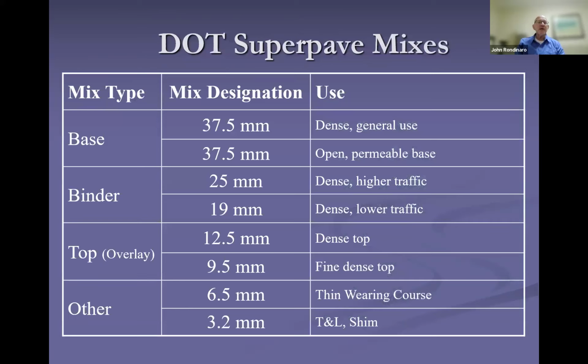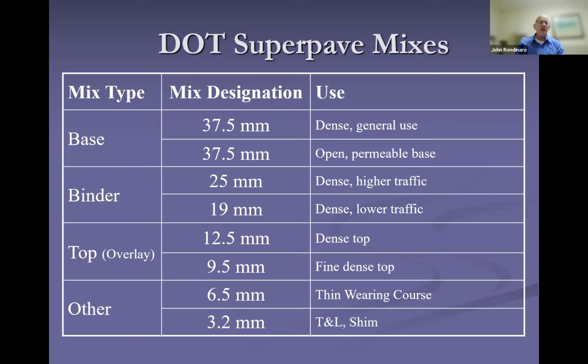Let's look at the binder, a 25 millimeter binder. What that mix designation is telling you is that 25 millimeter represents the nominal max aggregate size, so 25 millimeters is equal to an inch. So the max aggregate in that 25 millimeter mix is going to be a 1-inch stone.